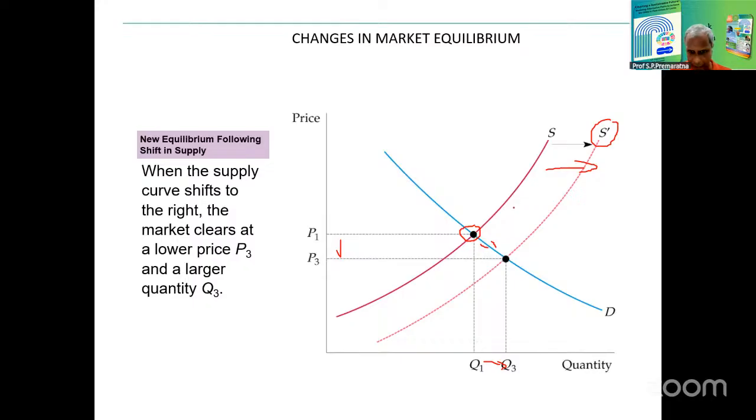Bring the equilibrium price down in favor of society for a particular product. If some product you want to discourage, what kind of policies, and how does that policy affect the equilibrium price, whether through the demand curve or the supply curve. That kind of analysis you should be able to do in the exam.